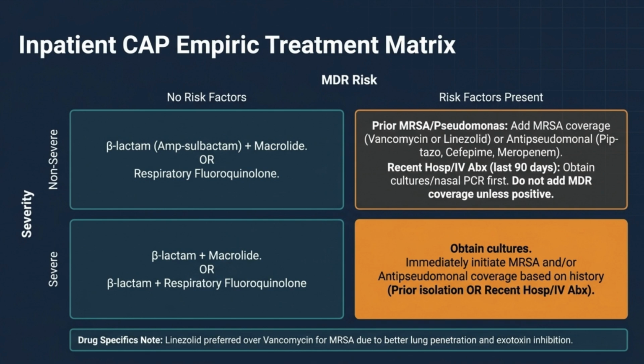Just to remind us, today we don't use healthcare-associated pneumonia anymore to identify patients at risk for resistant infections, because it was found that this classification is an unreliable predictor of resistant pathogens and led to the dangerous overutilization of broad-spectrum antibiotics, such as those targeting MRSA and Pseudomonas. So the current clinical paradigm mandates assessing individualized MDR risk factors for every patient.